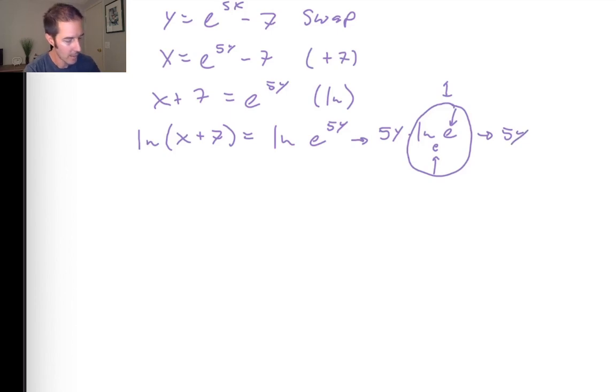So on the next line, I'll rewrite the natural log on the left-hand side. And simplifying the right-hand side, we have just a 5y. We can now divide both sides by 5.